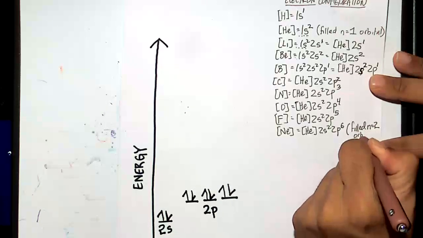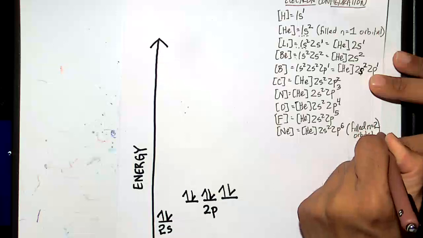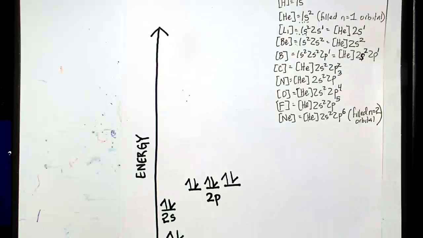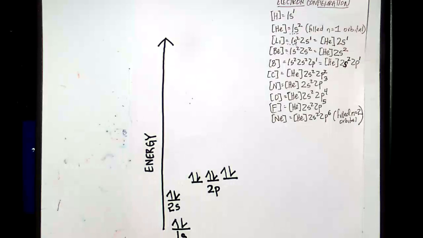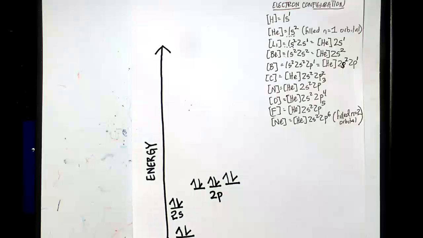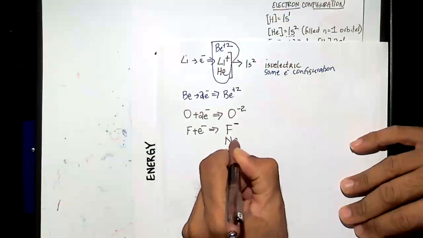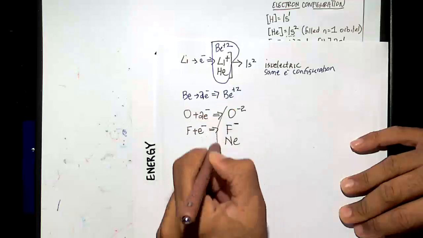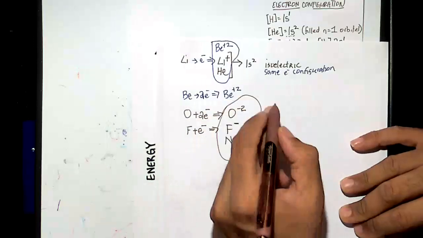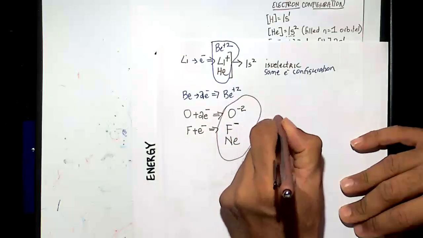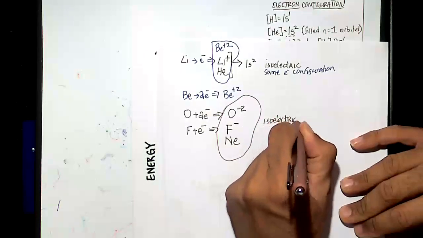The principal quantum number is 2, and we filled the shell. So neon is very, very happy. So O2-, F-, and Ne, we're going to call them isoelectronic, same electron configuration.